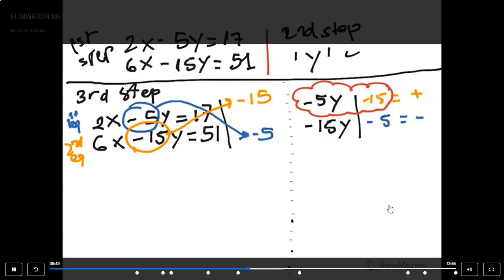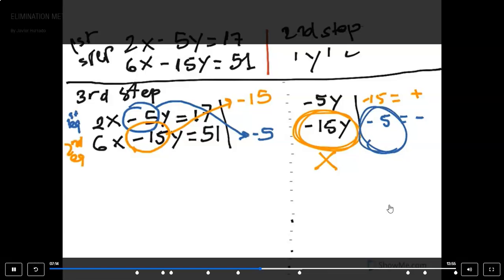But in the second case, you want to have a negative result. So what do you have to do? You need to change the sign, not the sign of this number, because this number is part of the equation. You cannot change the sign of this one. The sign that you can change is the sign of this number, okay?